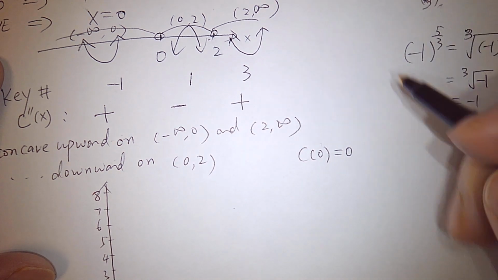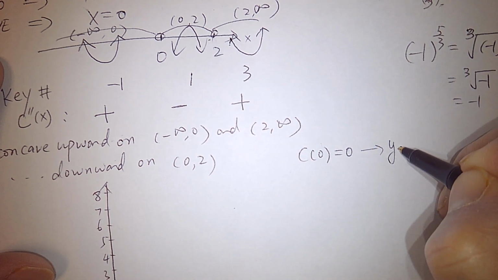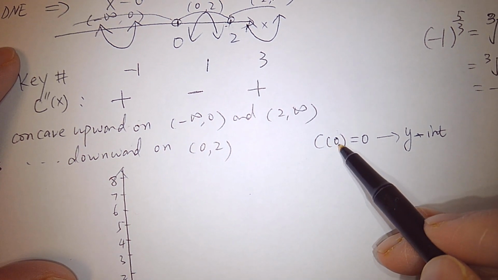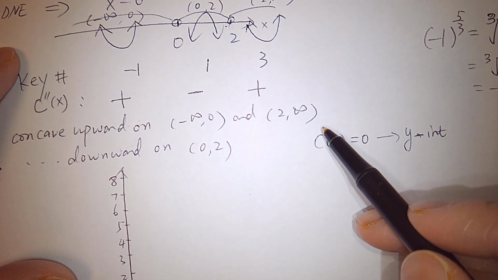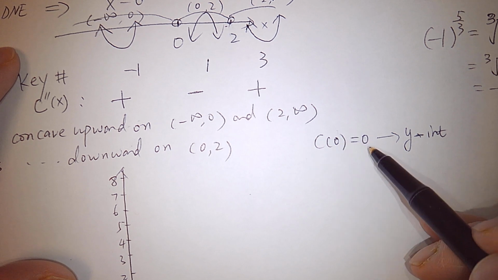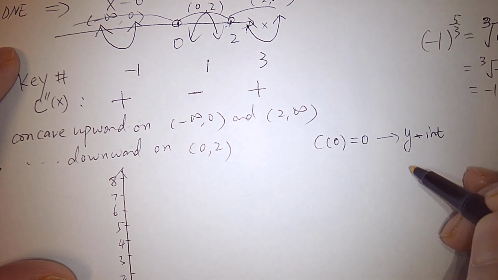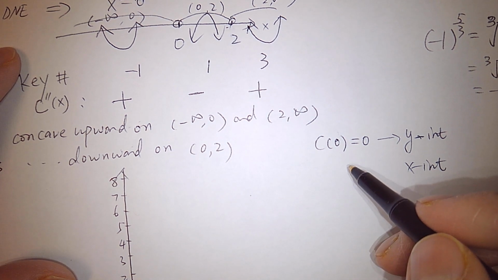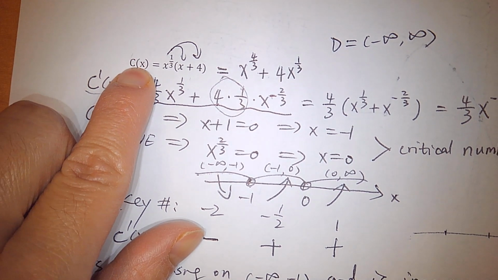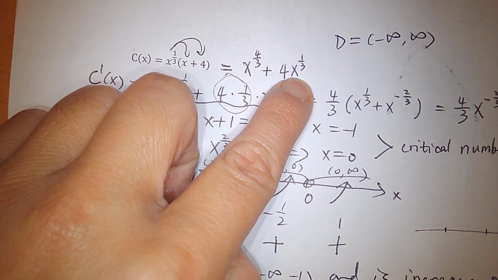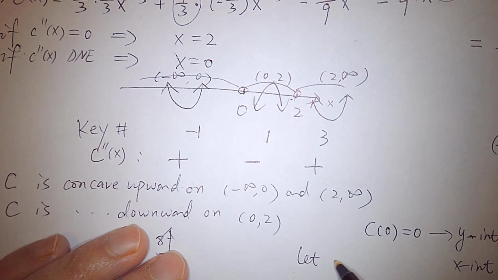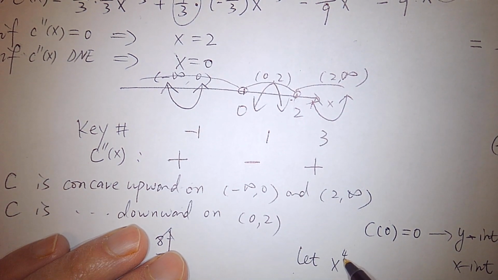This is the y-intercept, and it means the graph passes through where it crosses the x-axis. How do you find the x-intercept? We need to let C equal 0 and find x. So we let C equal 0, which is this equals 0. Let's solve for x and see what we can get.